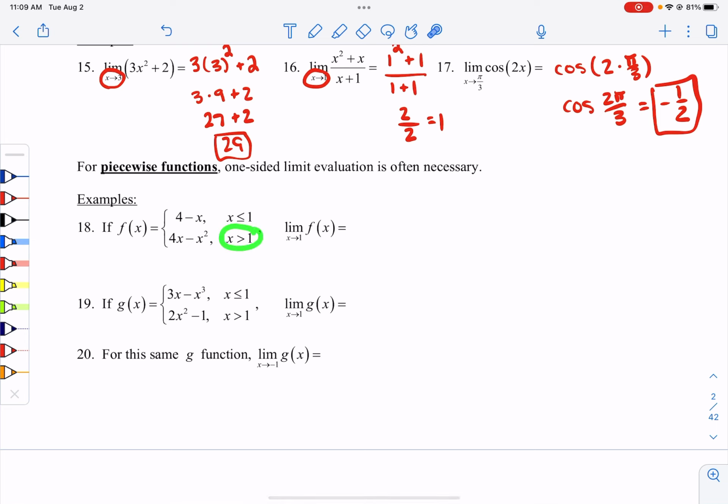When x is greater than 1, I'm going to use 4x minus x squared. They gave me a piecewise function that changes at x equals 1. So guess what my limit's going to consider? What happens at that point?